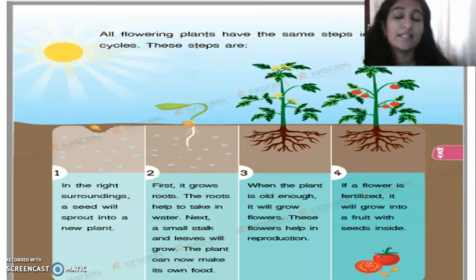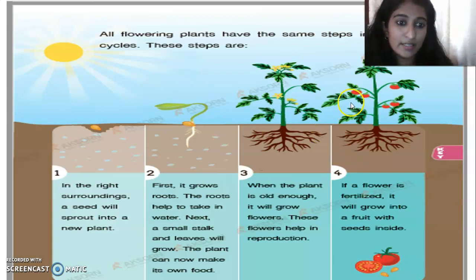We discussed flowers, parts of flowers, and pollination, how we get the seed. The next stage is the flower is fertilized. By pollination it will grow and get fruits.